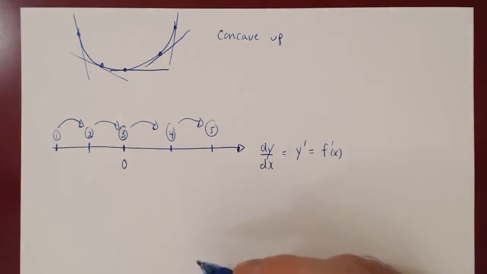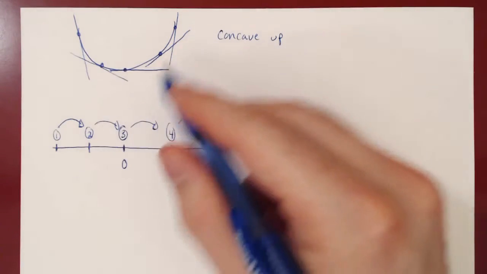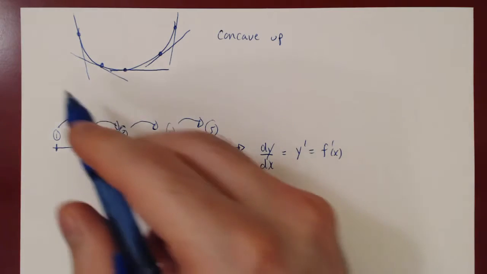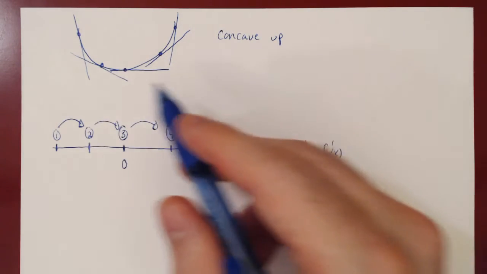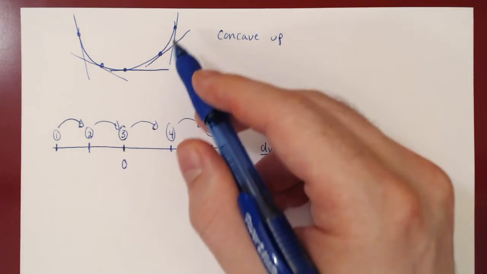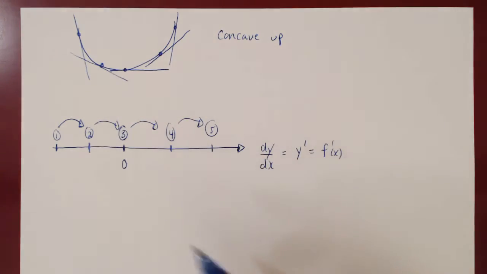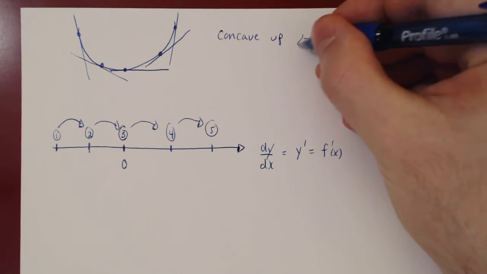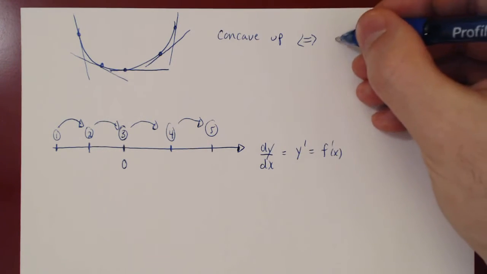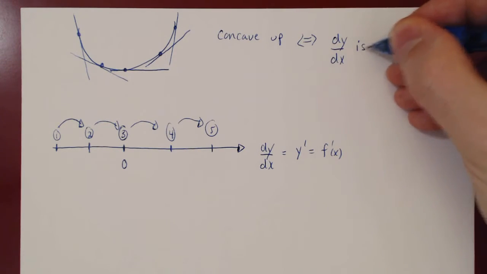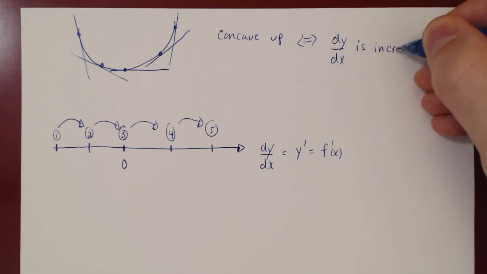So you see, if you have a curve that's concave up, the derivative is increasing. As you move from left to right, the values of the derivative are gradually getting bigger and bigger. So concave up means that the derivative is increasing. So dy over dx is increasing.